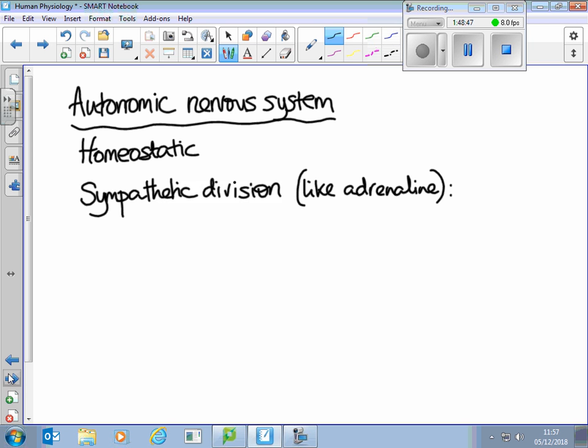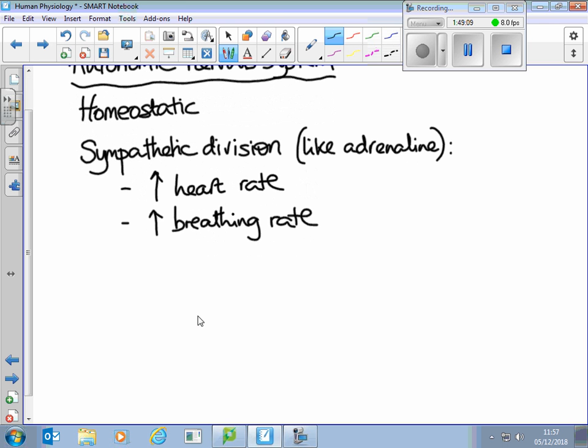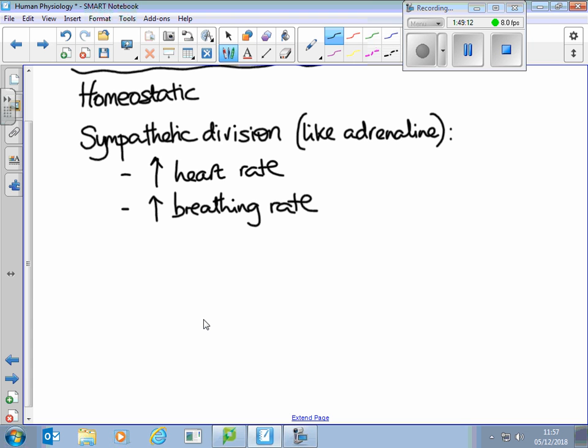And so what it does is things like it raises the heart rate, it raises breathing rate, and it tends to divert blood, because we've only got enough blood to do so many things at a time. We can't run everything we want to at once. And it tends to divert blood away from the skin and the digestive system towards, what do you think for flight or fight? Muscles, yeah. So it diverts blood.